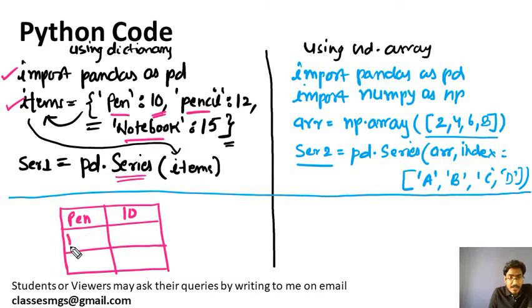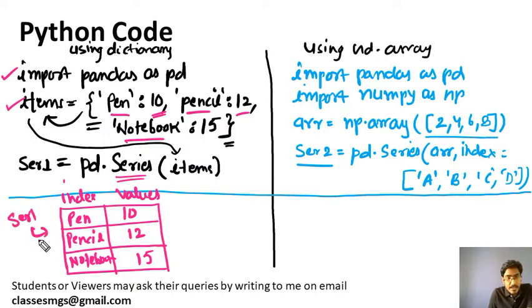Pencil will be another index, and here its value will be 12. Here notebook will be another index, and here its value will be 15. So this is known as index and this is known as values. So this is how the series object will be created using dictionary.